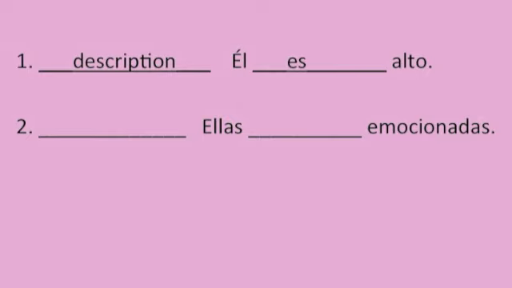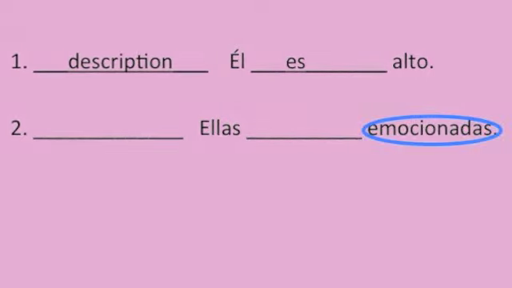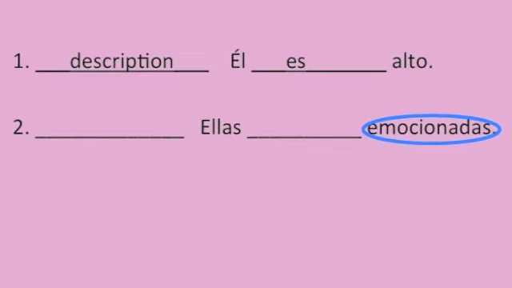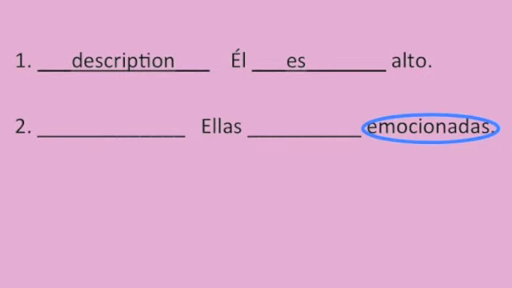It says ellas blank emocionadas. Emocionadas is the word that I need to look at in order to determine if I should use a form of ser or a form of estar for this sentence. Now I know that emocionadas means excited, so I'm going to list that it is a feeling on the left-hand blank.